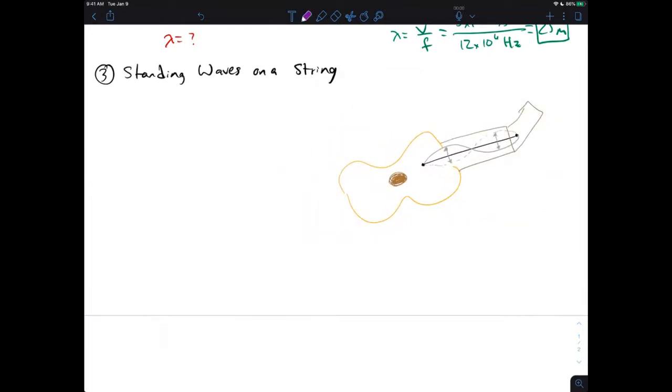So the first thing I want to talk about is the frequency. The frequency is going to be the note that you hear, the note that this string plays.